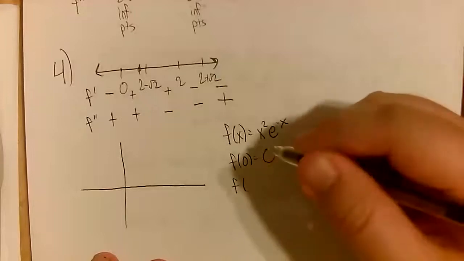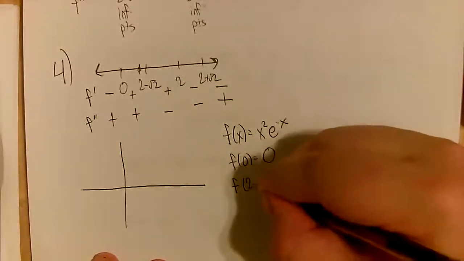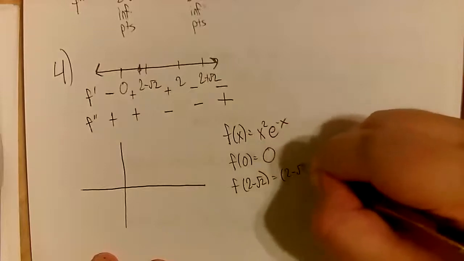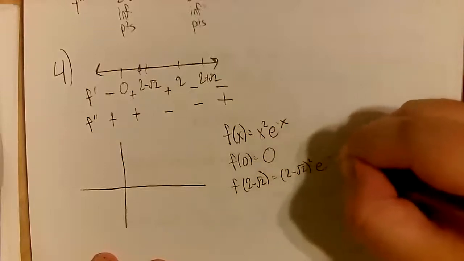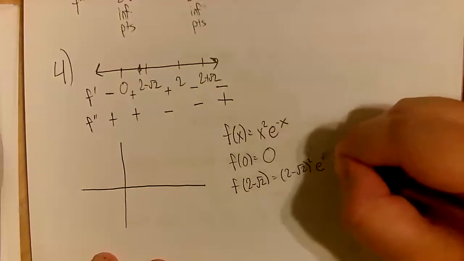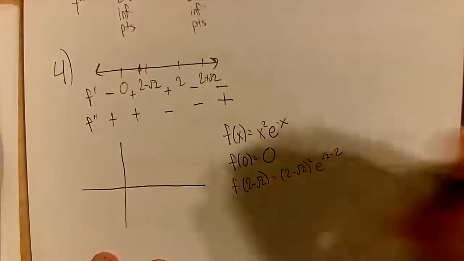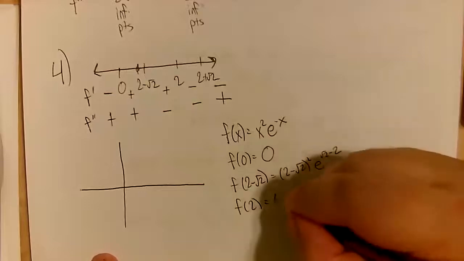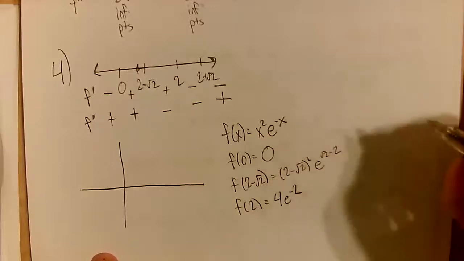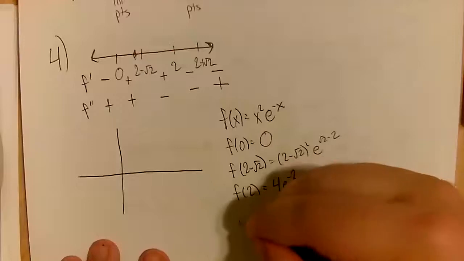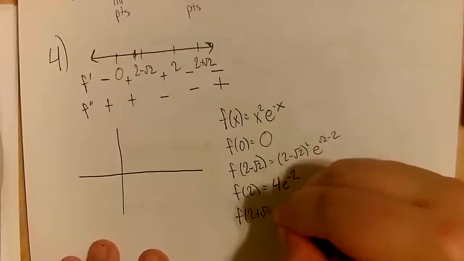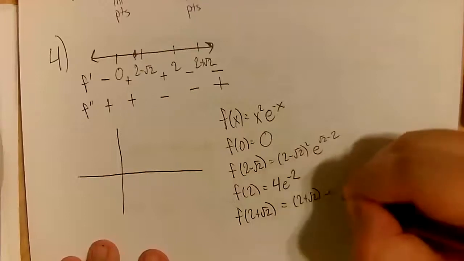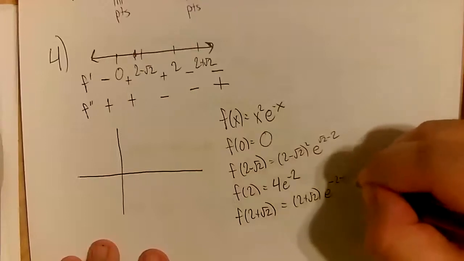We're going to have f of 2 minus root 2. It'll be 2 minus root 2 squared e to the root 2 minus 2. We're going to have f of 2, which is 4e to the negative 2. And then we're going to have f of 2 plus root 2, which will be 2 plus root 2 e to the negative 2 minus root 2.